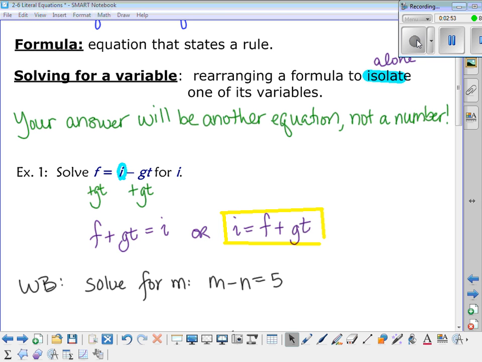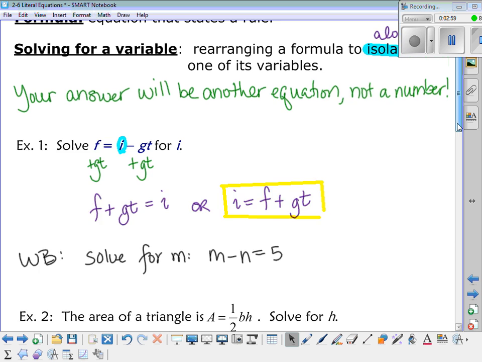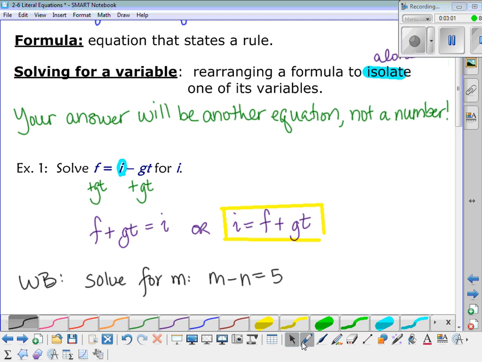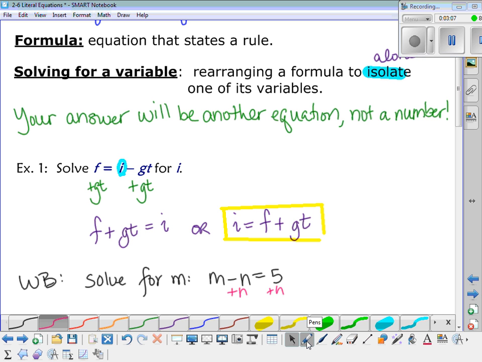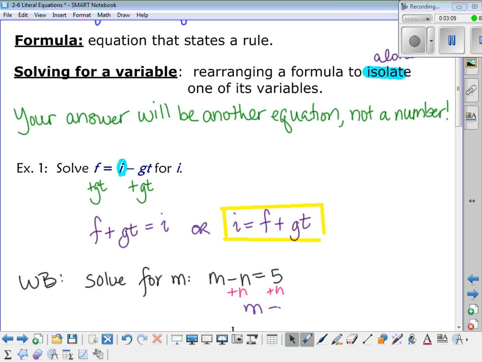We should add n to both sides, and so you get that m is equal to n plus 5, or 5 plus n. You can write it in either order since addition is commutative.